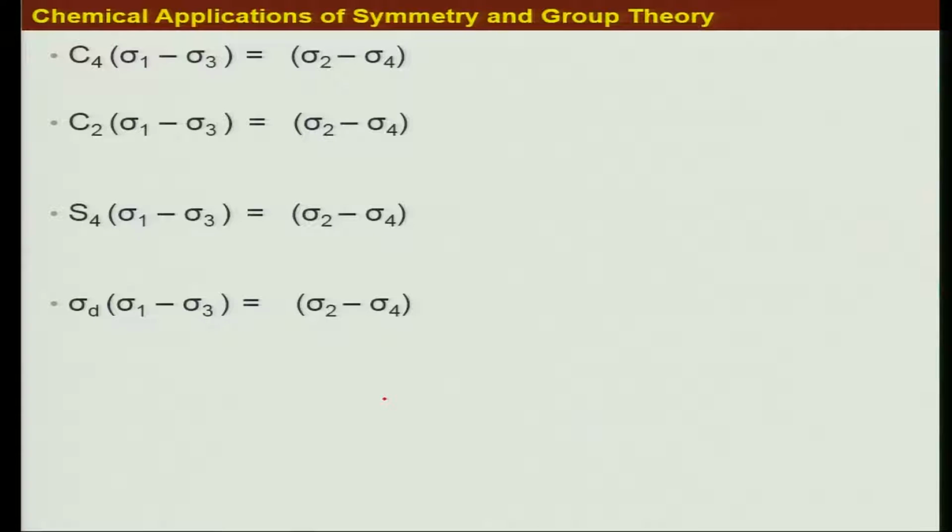So when I operate C4 on sigma 1 minus sigma 3, I get sigma 2 minus sigma 4, and I get the same result, that is sigma 2 minus sigma 4, when I operate C2 or S4 or sigma d on that sigma 1 minus sigma 3 SLC. So therefore I have got the other counterpart, that means altogether sigma 1 minus sigma 3 and sigma 2 minus sigma 4.